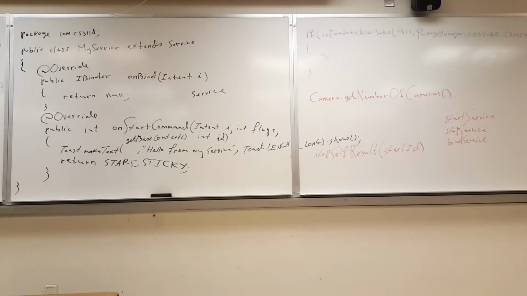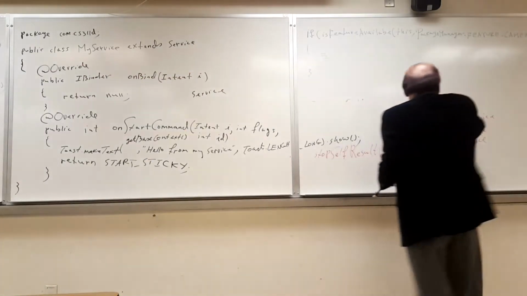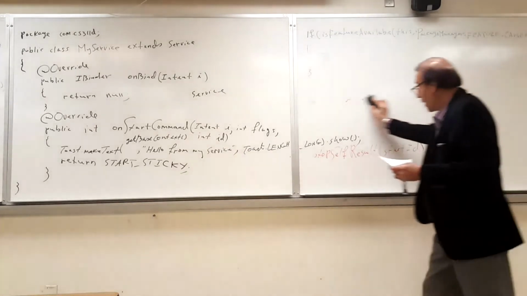Before we write a client, you need to know that you need to modify your manifest file. In your manifest file, please add the following line. Make sure that you put this line, or your service is not going to work.